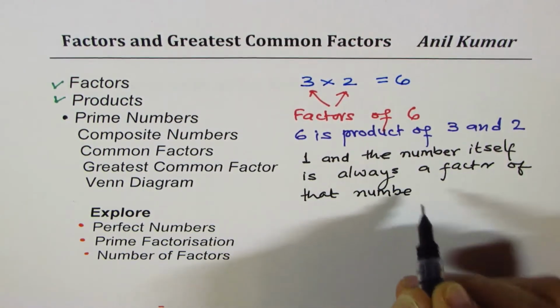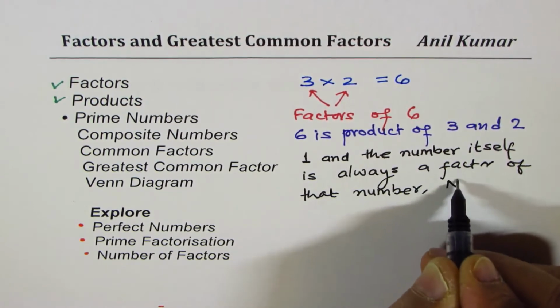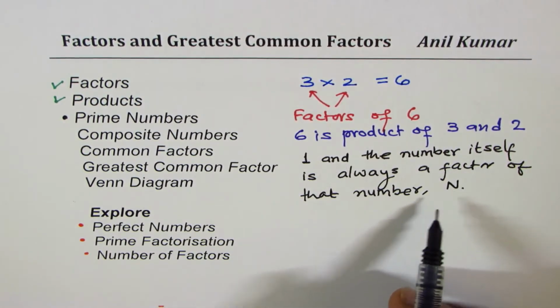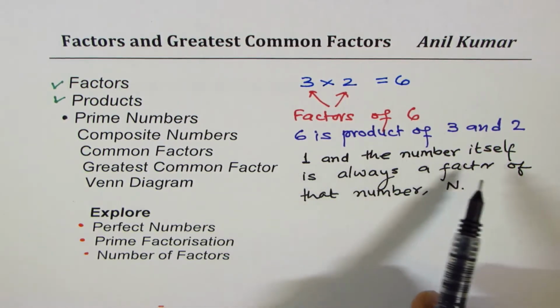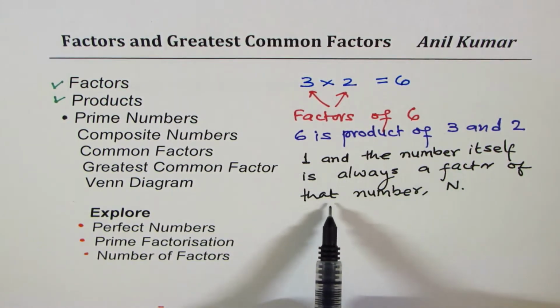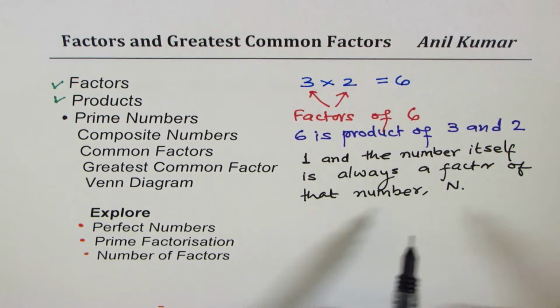Okay, so sometimes I'll write number with capital N. So when I say capital N, imagine it is a number. Okay, so 1 and the number itself is always a factor of that number N, right?